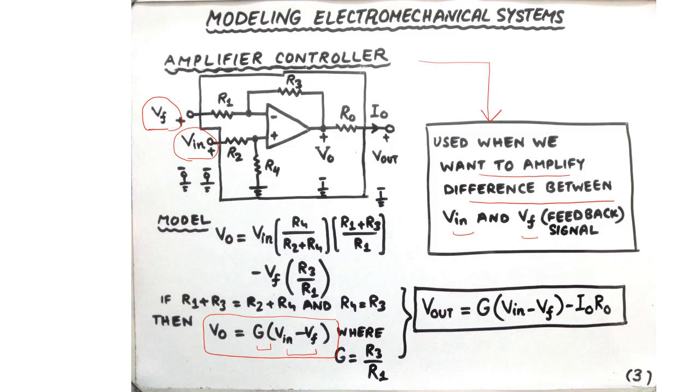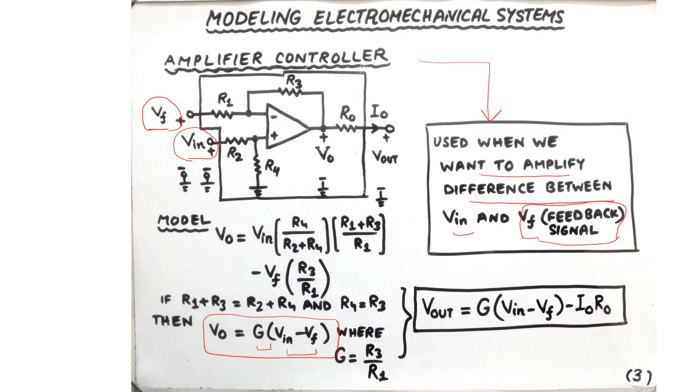The interpretation of Vf is that the additional input in this case actually comes from some kind of a feedback describing either the position of the DC motor or the angular speed of the DC motor. And we wish to amplify the difference for the further control.